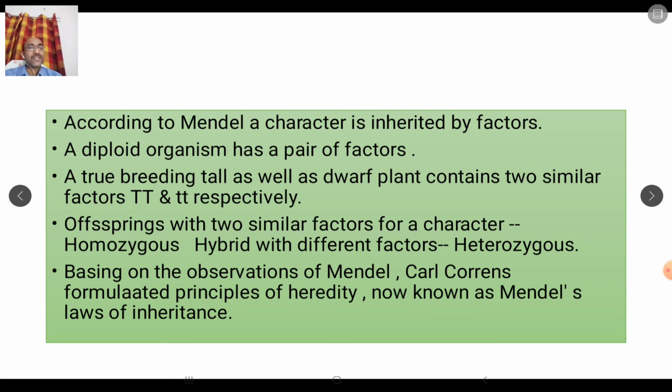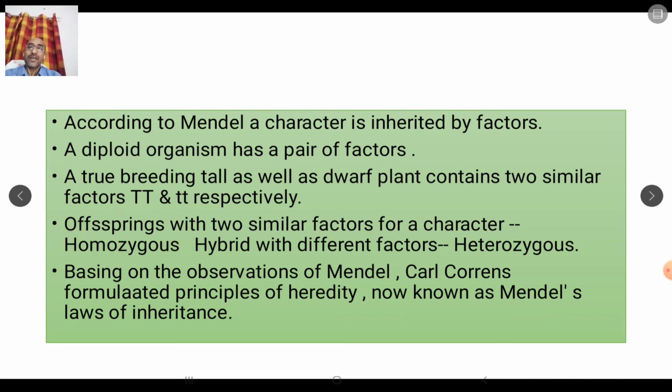Thus a diploid organism contains a pair of factors. Got it? Capital T, small t, a diploid organism contains a pair of factors. A true breeding tall as well as a dwarf contains two similar factors, capital T, capital T and small t, small t. So such offsprings with similar factors for a character are called homozygous.